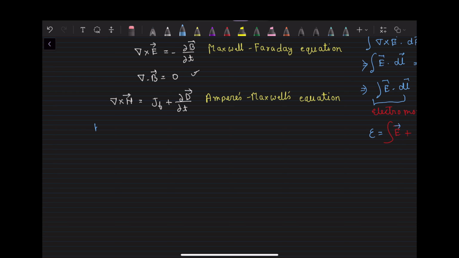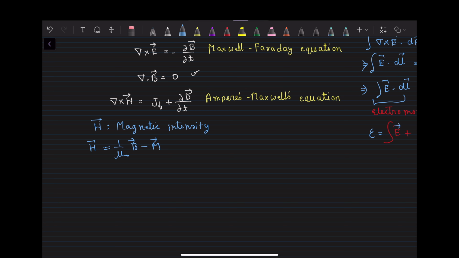H is magnetic intensity, and I'll show you what it really means and how it is related to the magnetic field. It is related to the magnetic field, but there's another term called M, which is magnetization.